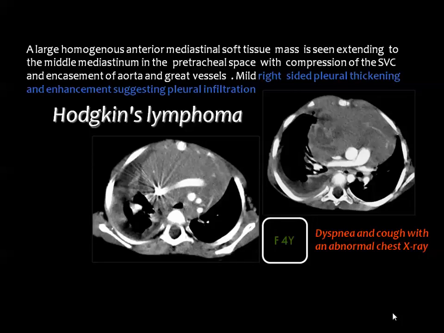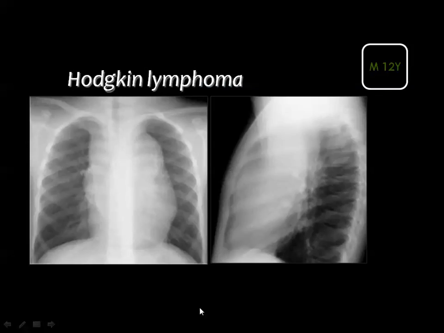And if you look carefully, you can see that the effusion margin is thickened and enhanced, and this may raise the possibility that lymphoma has also involved the pleura, and explains the cause of the presence of pleural effusion.